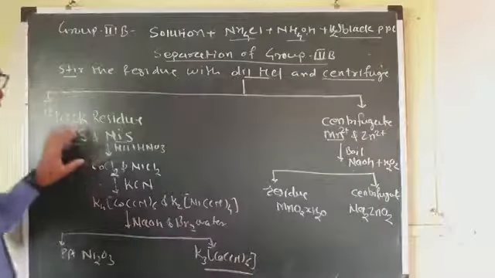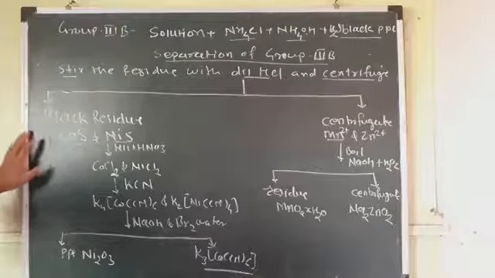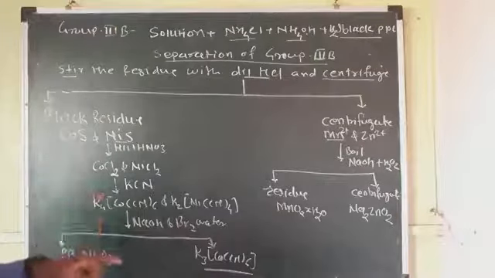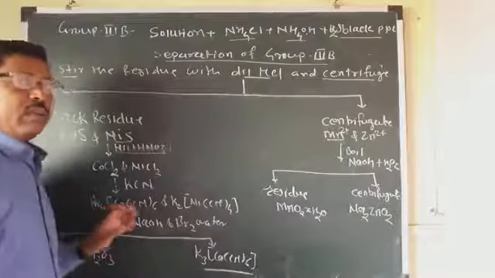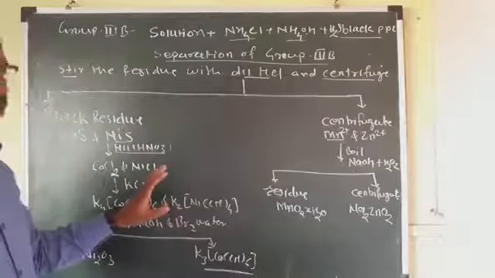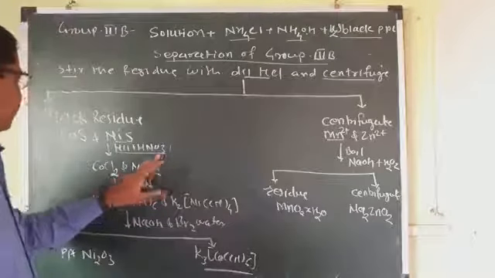The black residue of cobalt sulfide and nickel sulfide is again treated with aqua regia solution. Aqua regia is a 3:1 mixture of concentrated hydrochloric acid and nitric acid.